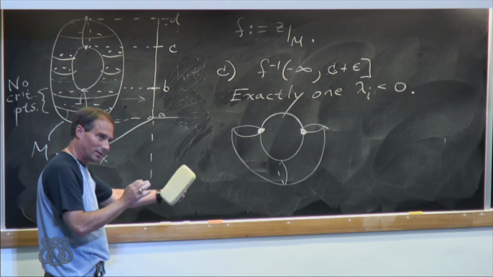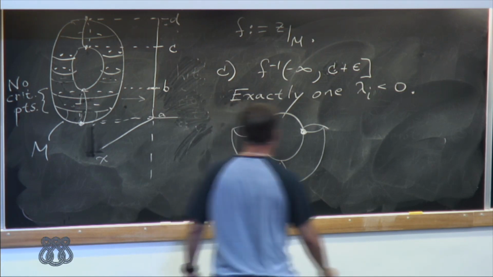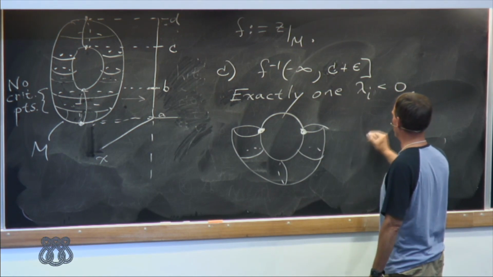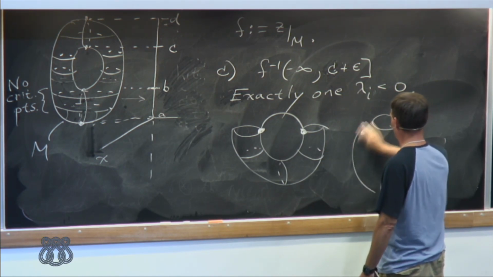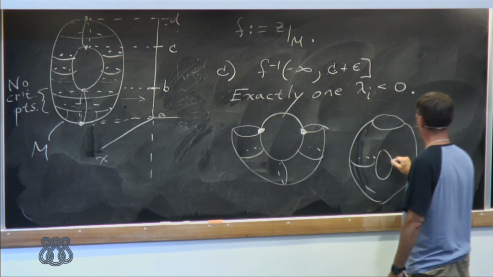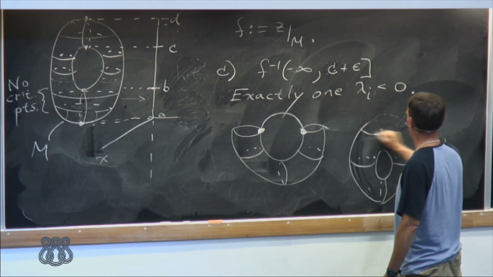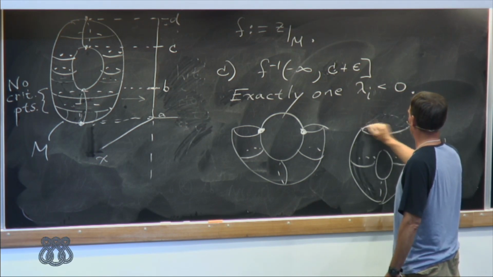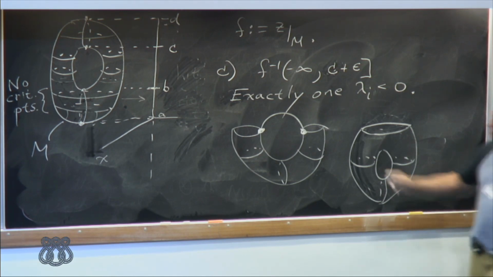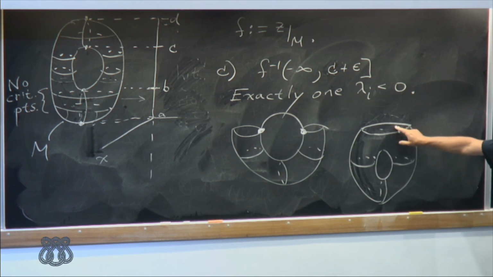And then you fatten it to a handle, and then you smooth it, and you end up with, maybe I'll make this circle bigger, a torus with the top cut off, because you can now bring these two circles together along there. And you end up with this.